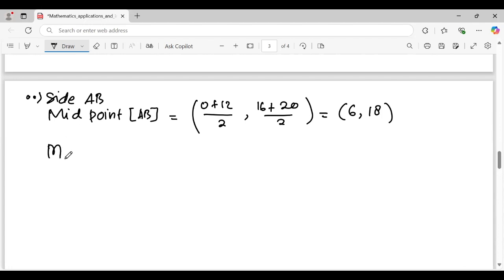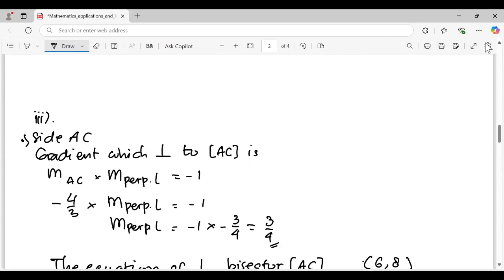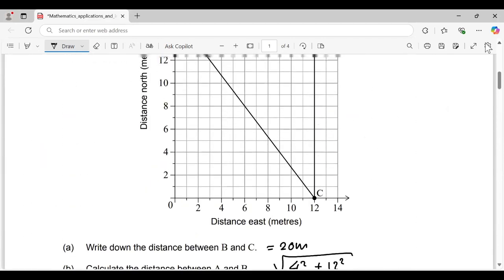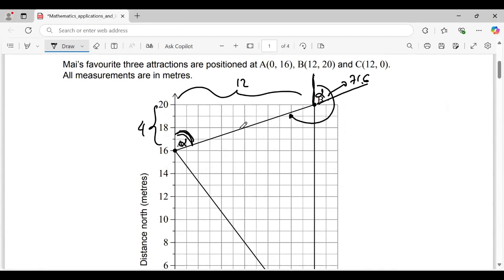After that, gradient AB, according to the coordinate points, is 20 minus 16 over 12 minus 0. This gradient is positive because if you look at this line, it tends to the right, so it is positive. 12, and then 4.